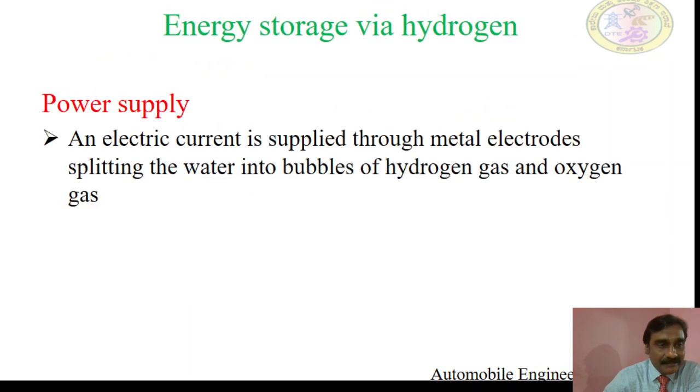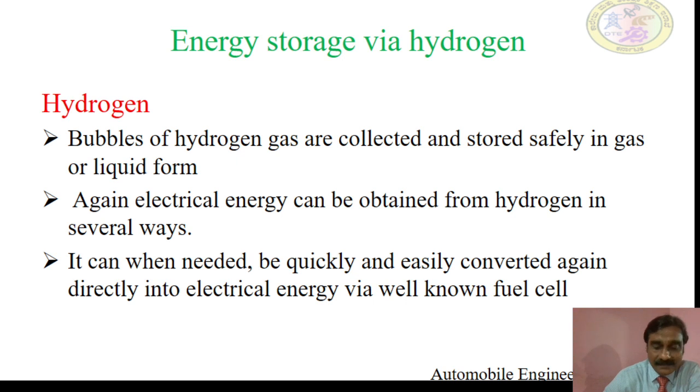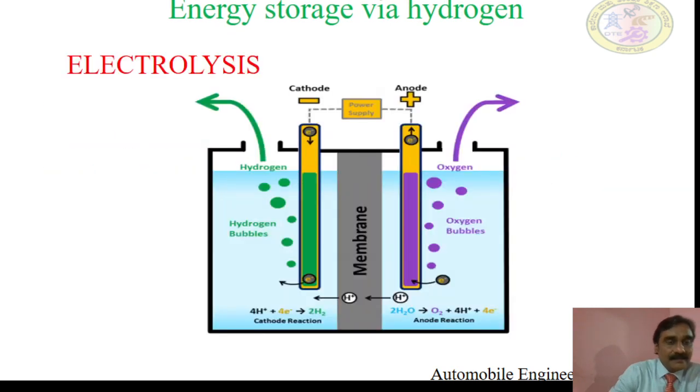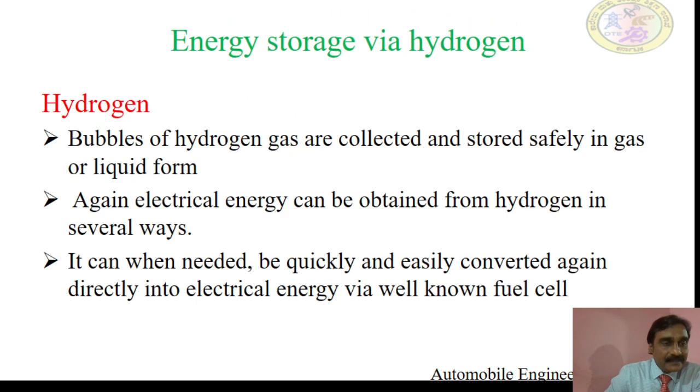When we supply the power, bubbles of hydrogen gas are collected and stored. It can be stored safely in gas or liquid form. When we supply the electricity, it produces hydrogen bubbles as well as oxygen bubbles. These hydrogen bubbles are collected and stored safely in liquid or gas form.